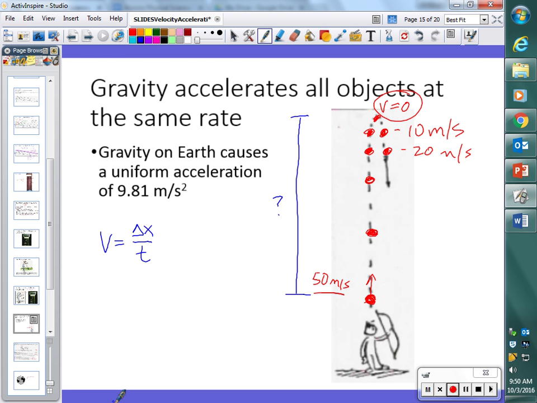Velocity is a relationship between how far it goes and how long it takes us. Okay? Now, because this arrow is slowing down, we can't use any instantaneous velocities here. We have to use an average velocity. What is the average velocity of the arrow on the trip up into the air?